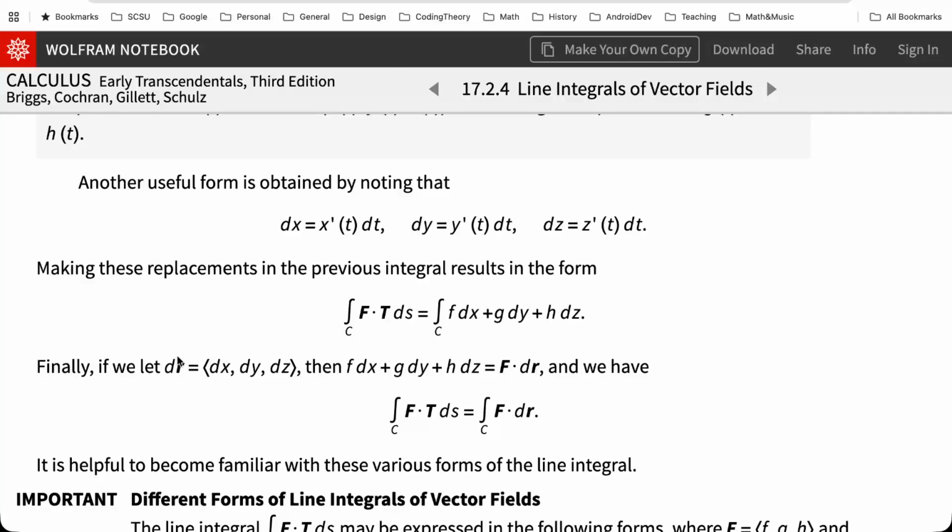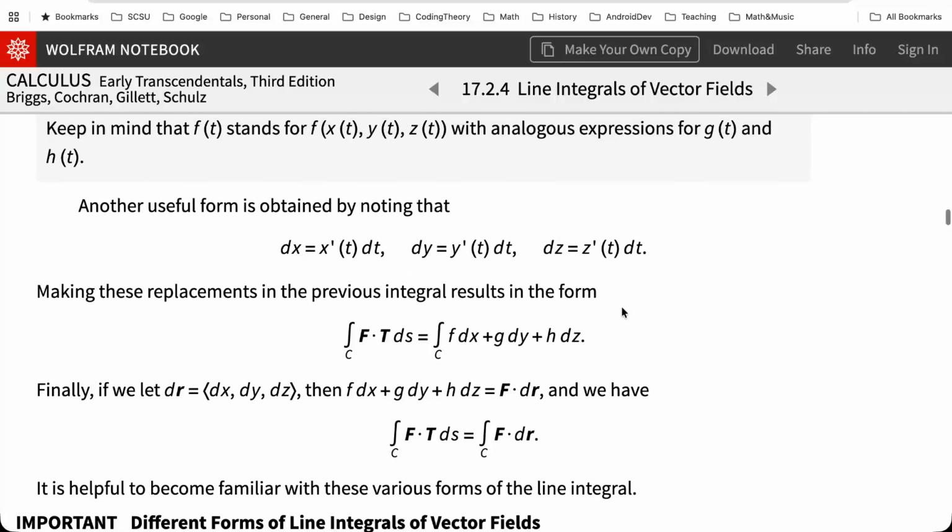So if you understand that as just a way to refer to the three x, y, z differentials as one grouping of things that we call dr, then what you're looking at there when you do F dot T ds is writable as f dx plus g dy plus h dz.